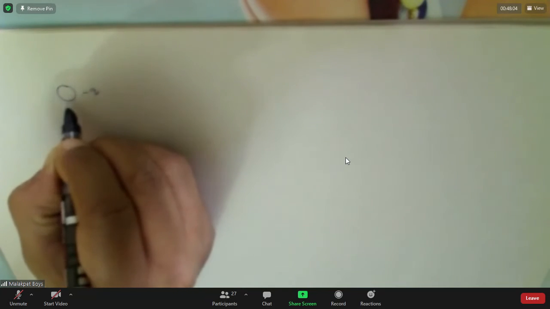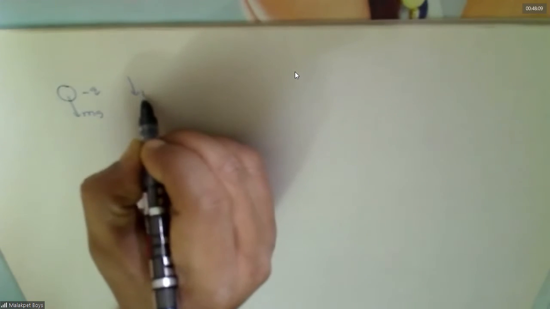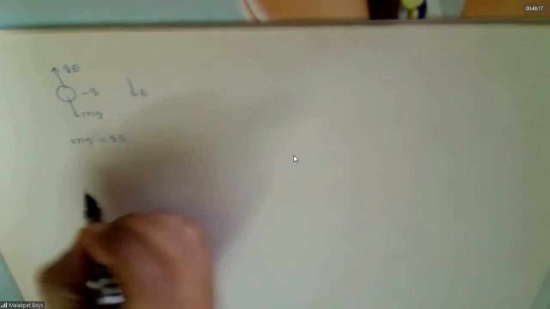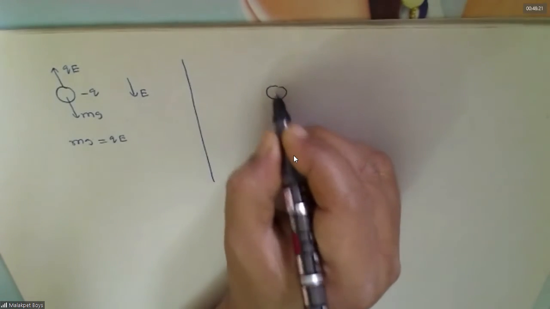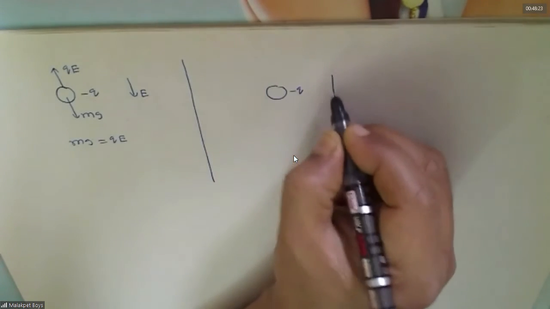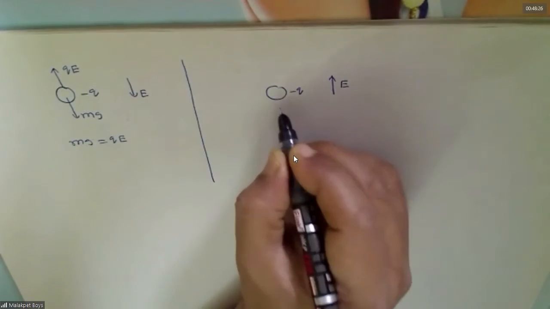Now suppose we have a situation wherein this is a negative charge. Now this is mg. If the electric field is in this direction, we have seen that mg equals qE. Now suppose the electric field is reversed.